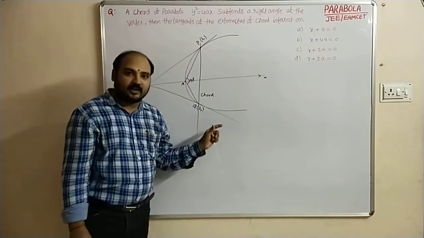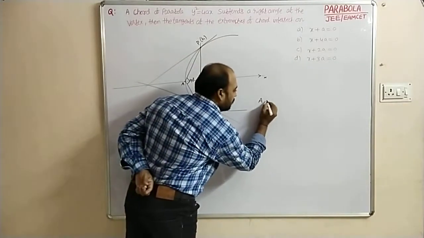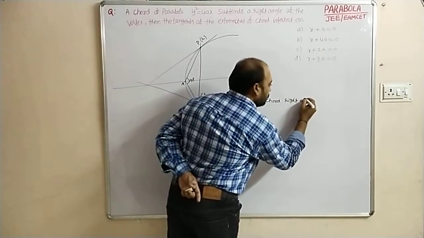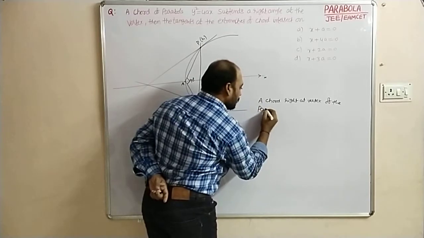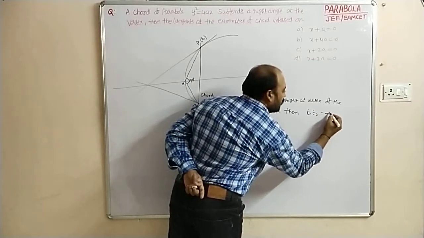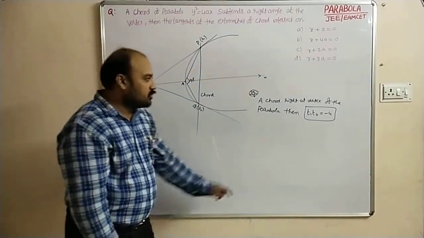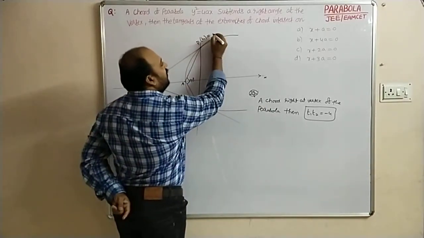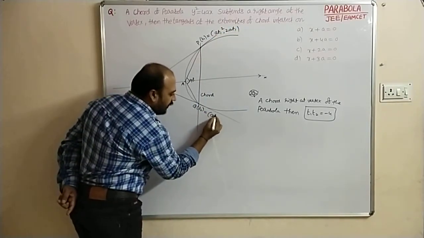We know it is a standard result: if a chord makes a right angle at the vertex of the parabola, then t1 t2 is equal to minus 4. This is a very important standard result. How does t1 t2 equal minus 4? The doubt will arise automatically. P of t1 means at1 square comma 2at1, and Q is at2 square comma 2at2.